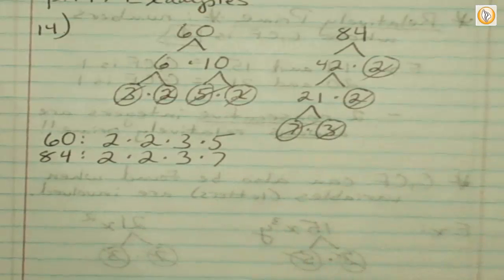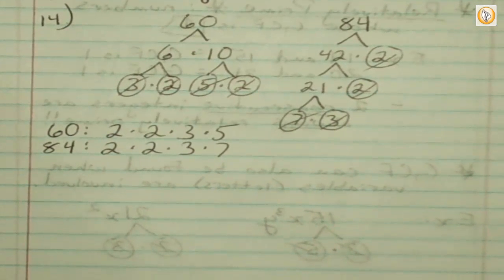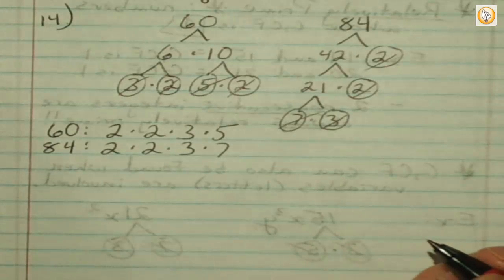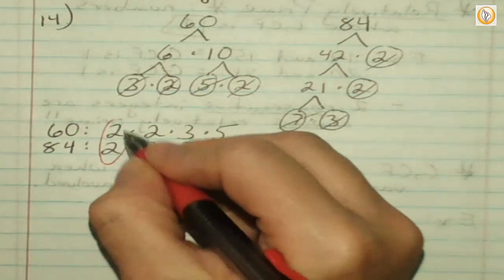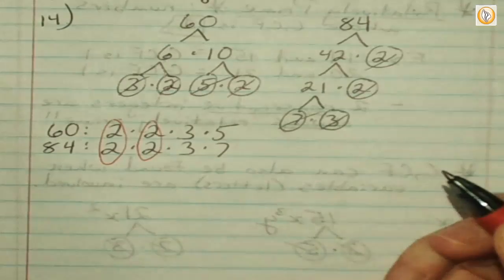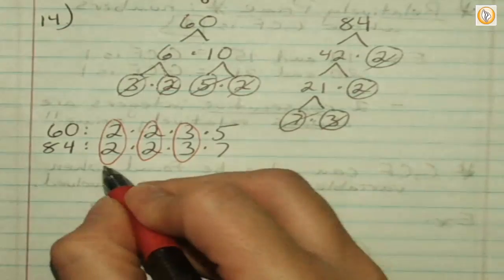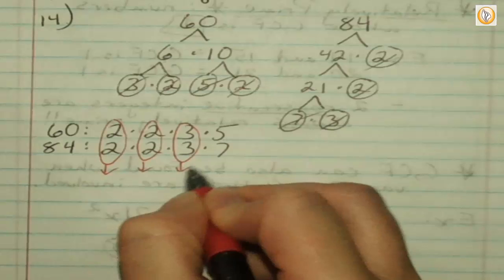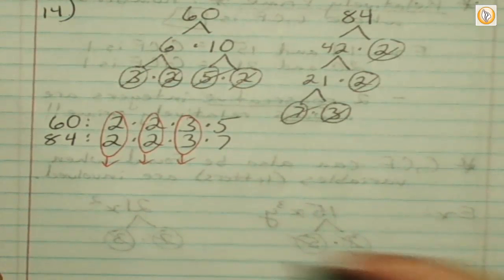And I'm crossing them out. Wait till y'all catch up. Any questions so far? Michaela, what are my pairs? 2 and 2, 3 and 3. That's it. Those are my pairs that they have in common.